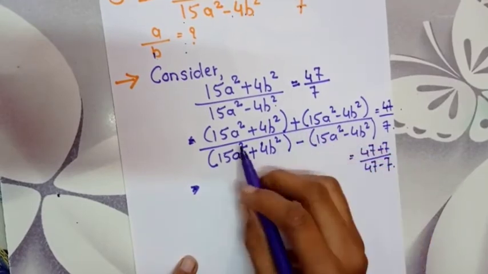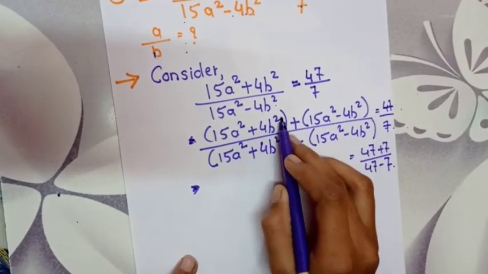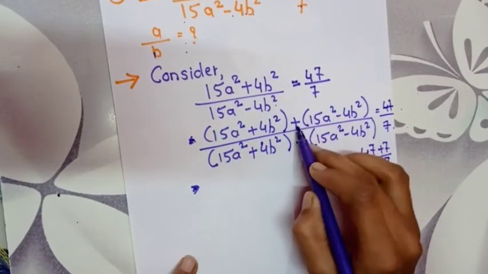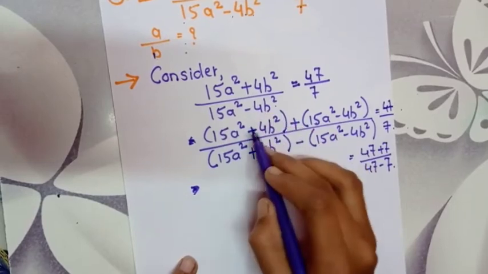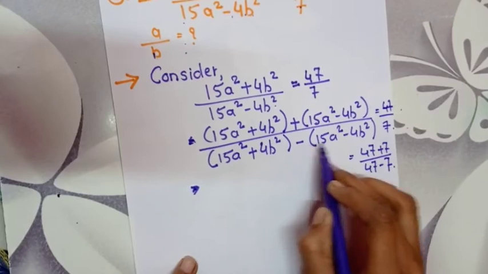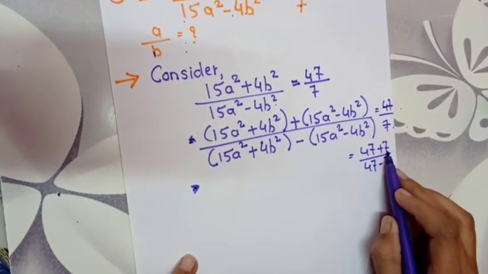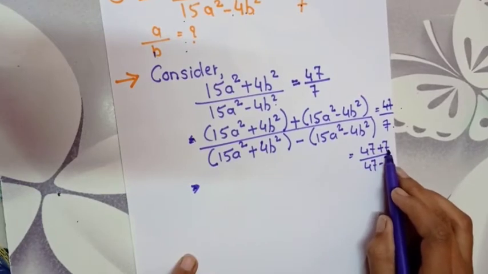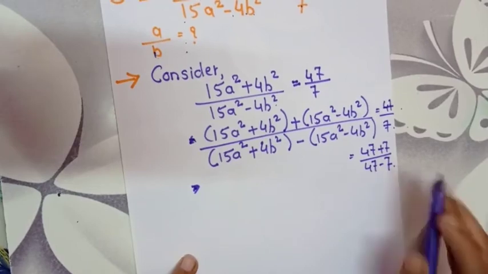Here how we have applied it: 15a square plus 4b square is the numerator, and 15a square minus 4b square is the denominator. Numerator plus denominator by numerator minus denominator will be equal to 47 plus 7, that is numerator plus denominator, divided by numerator minus denominator.